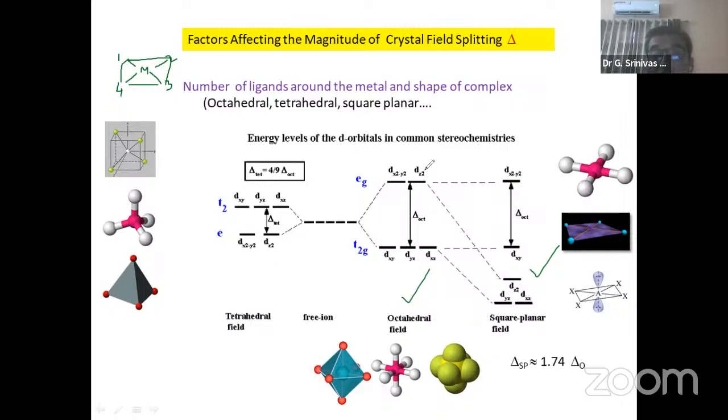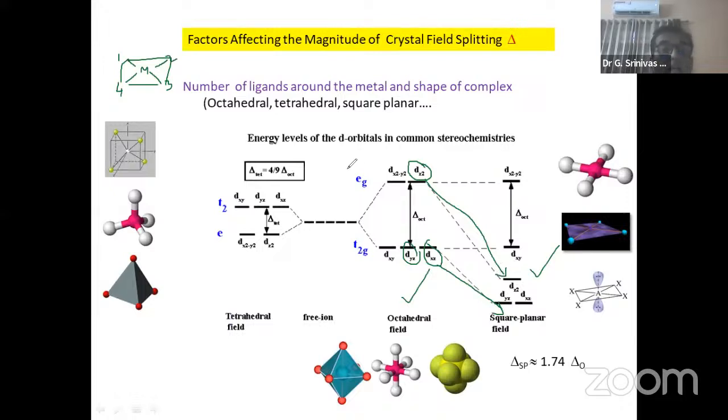So dz square energy is lowered from here to here, and dyz and dxz energies are lowered too.